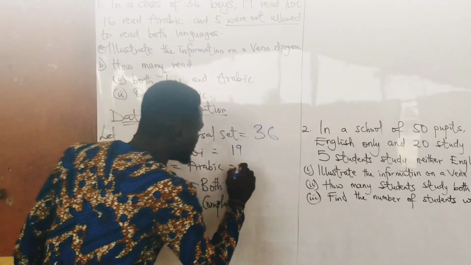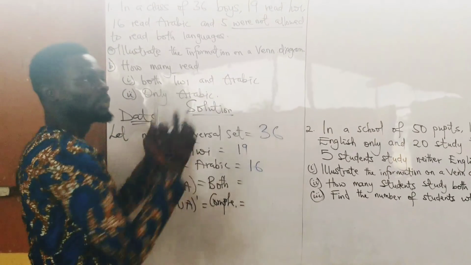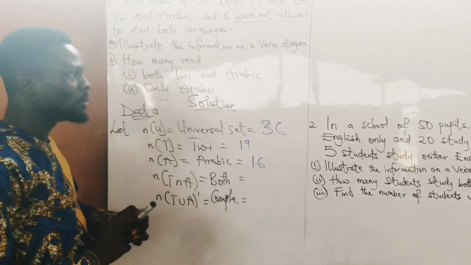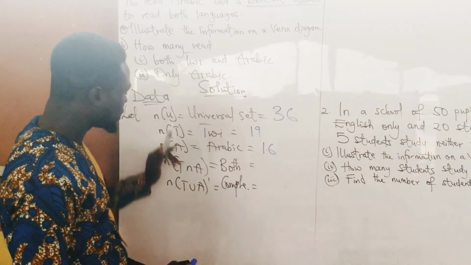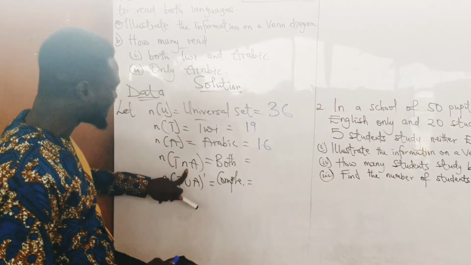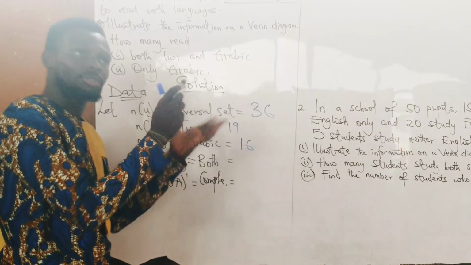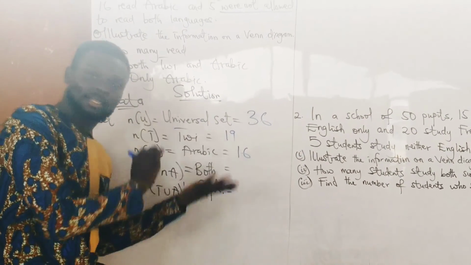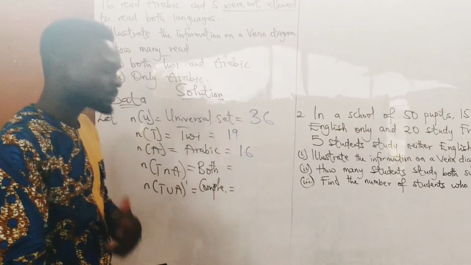So once we've made our data, we just substitute the values there. Then we have the number of T intersection A, which is both: those who read Chi and, at the same time, read Arabic.